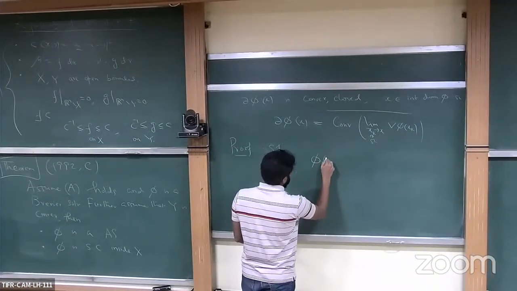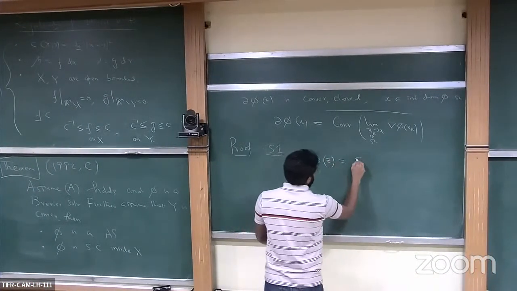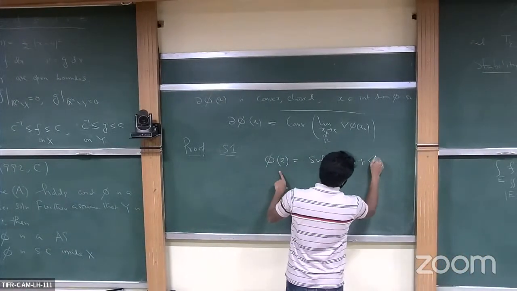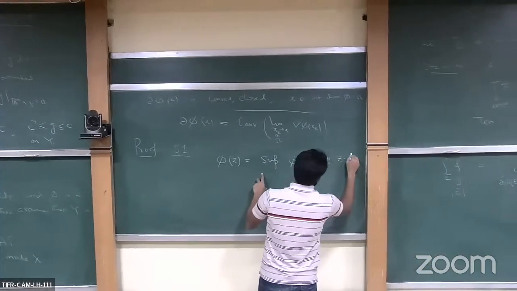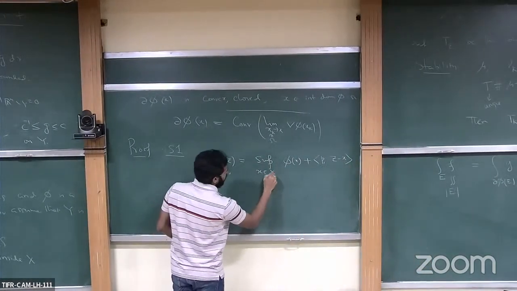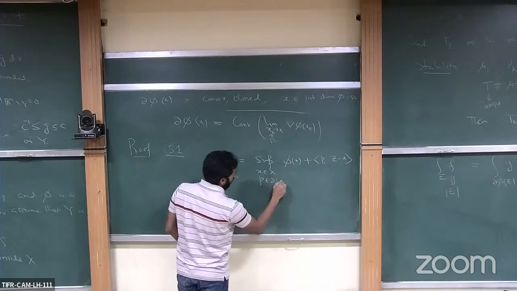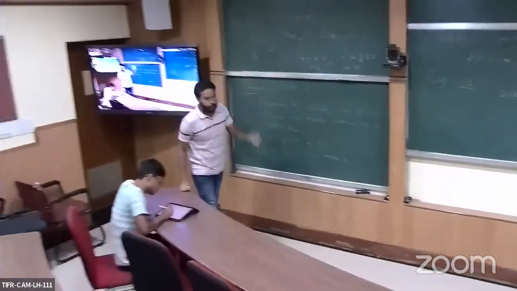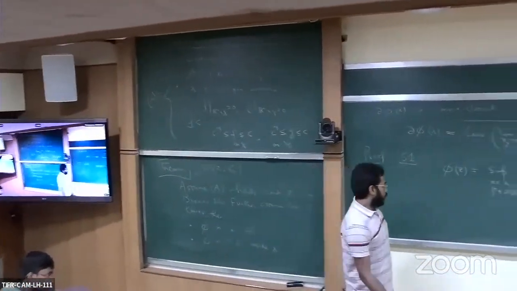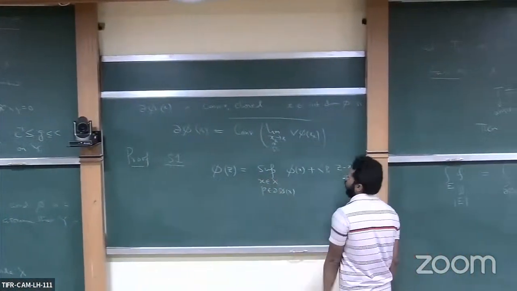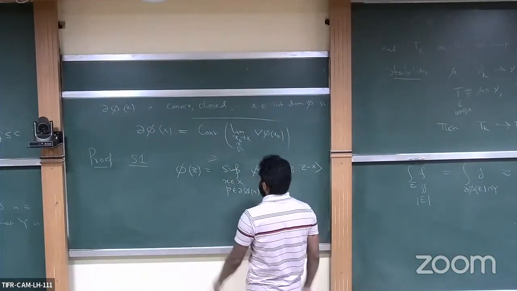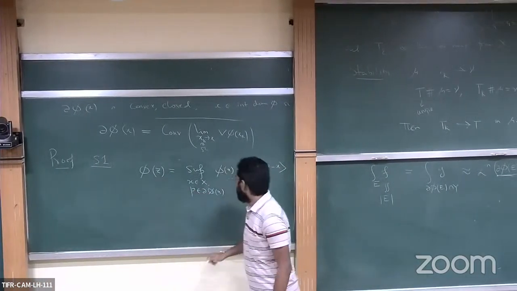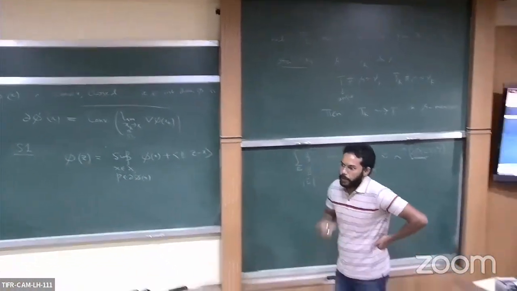So phi of z is the supremum of phi of x plus p times (z minus x), where x is inside X and p is in the subdifferential of phi at x. This is obvious because phi is convex: the graph always lies above this, and for each point x you have equality. For each point z inside X, a supporting hyperplane will exist.